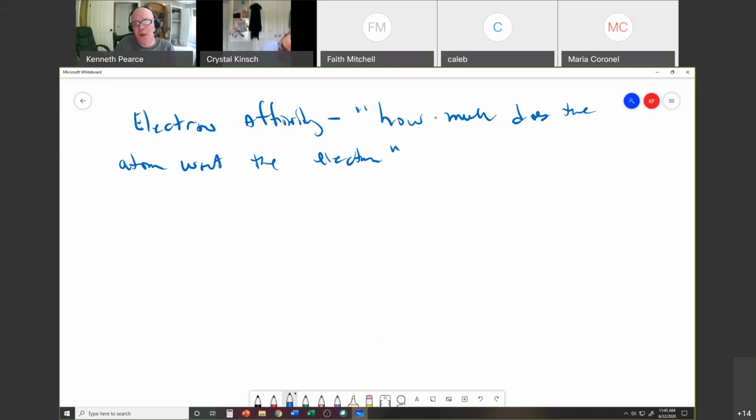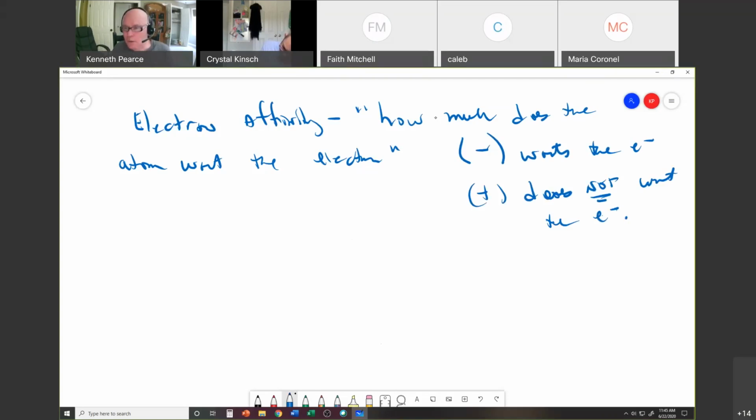And if it's negative, then it means it wants the electron. And positive, it absolutely does not want the electron. Does not. Okay, E minus is shorthand for electron.